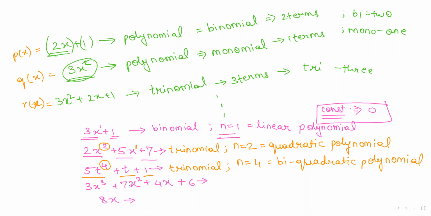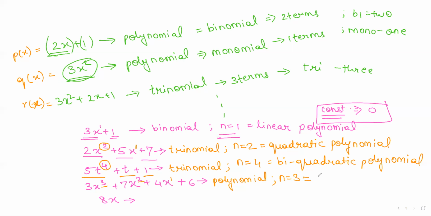3x cubed plus 7x squared plus 4x plus 6. Here you have 4 terms. Okay, so let's call it a polynomial. Power of x in the first term is 3, second term 2, third term 1, fourth term 0. Maximum power of x is 3.